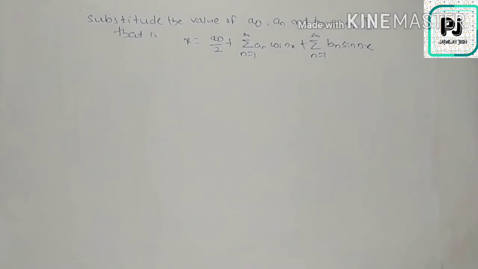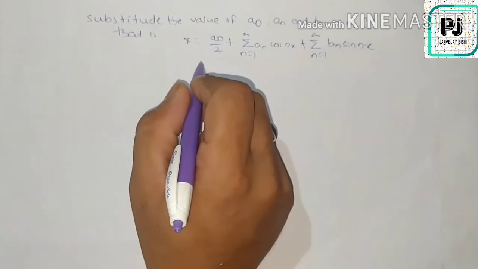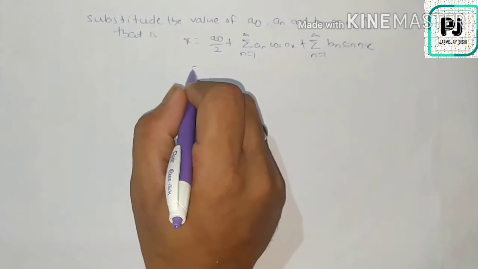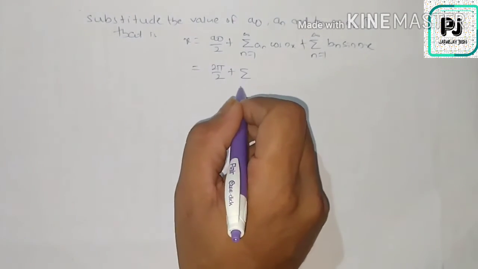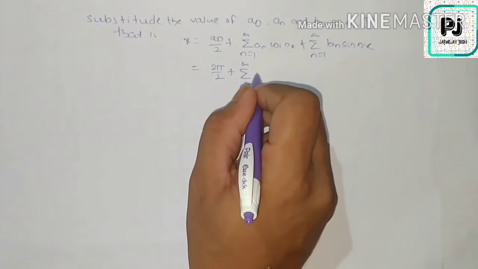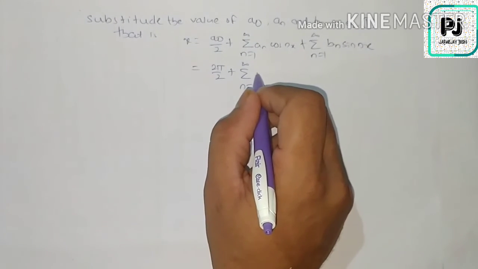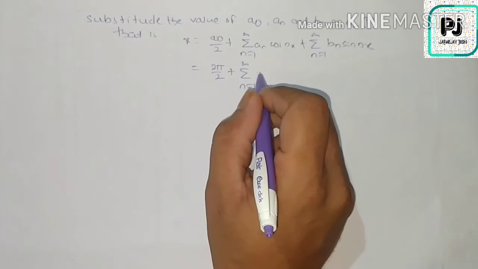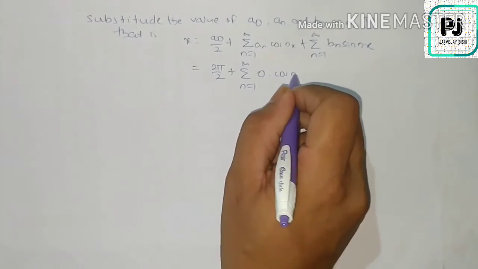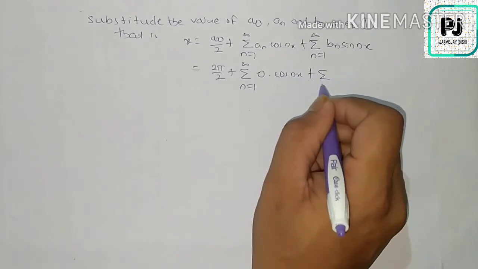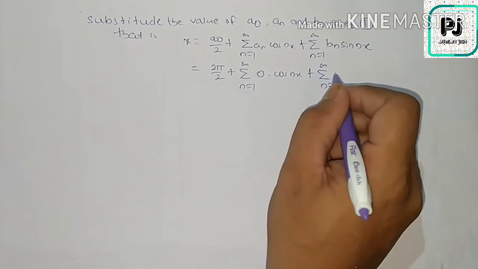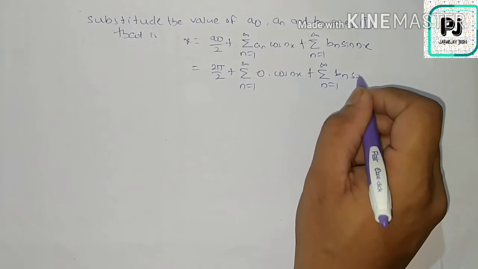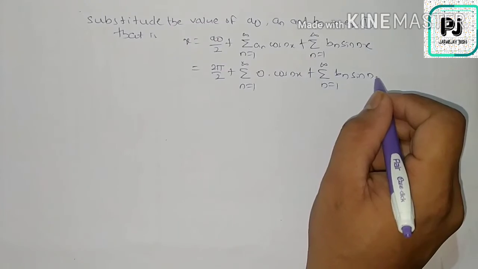Now we are allowed to put the values of a0, an and bn in the equation. So now it will be 2 pi by 2 and summation 1 to infinity, the value of an is 0, into cos nx, plus summation 1 to infinity bn sin nx. You can put the value of bn also here.